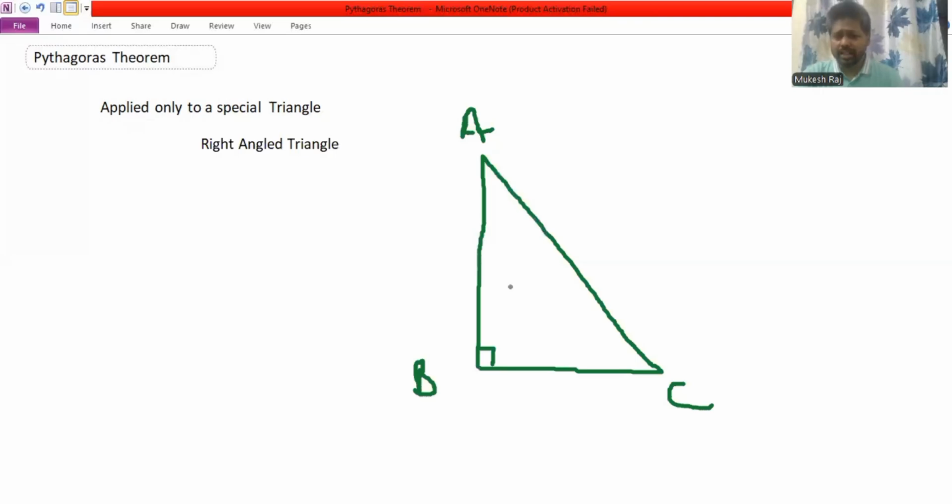Let us assume the side opposite to angle A is marked as small a, the side opposite to angle B is marked small b, and the side opposite to angle C is marked c.